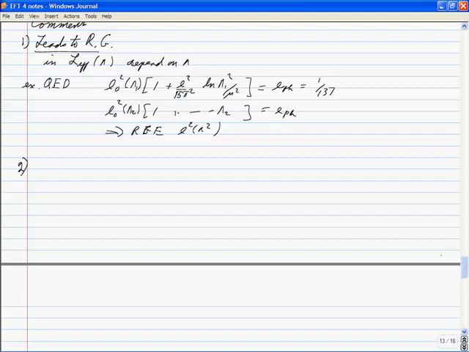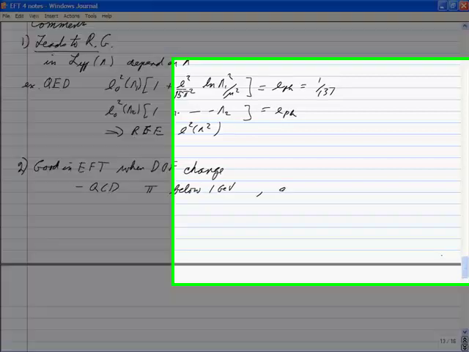This thinking has also permeated effective field theory. It's a good way to think when your degrees of freedom change. So an example is QCD, where the pions are the right degrees of freedom below 1 GeV, where quarks and gluons are not.